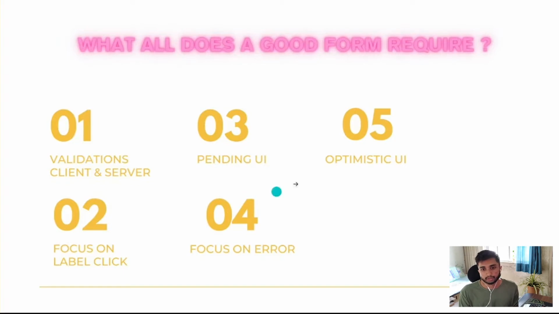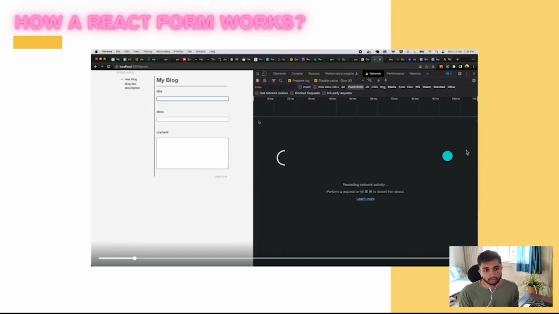So what do we have next? This is the thing we all might be familiar with, that is the React form. So in a React form, what are we doing? We add state to each of the inputs, and we enter the data, and we click on create post. We have a different front end and a different back end.